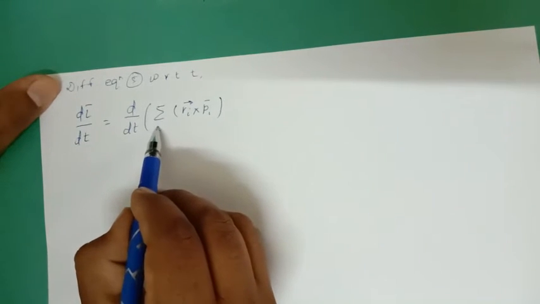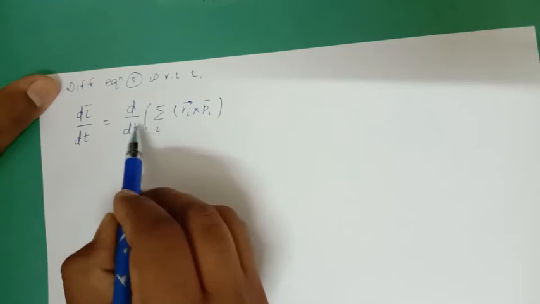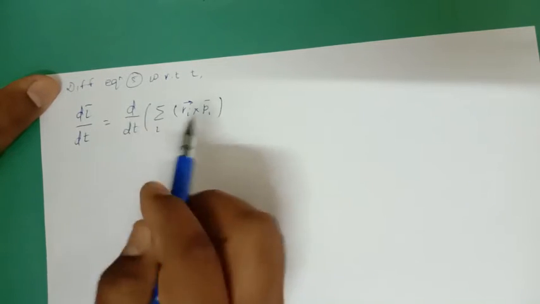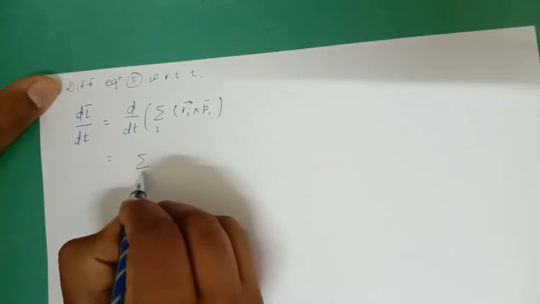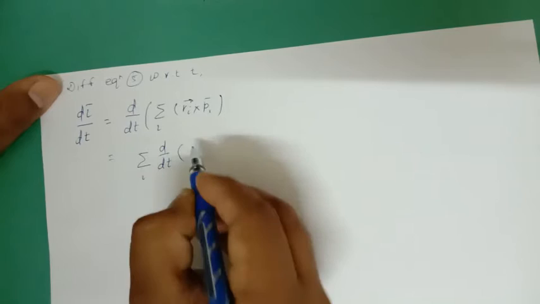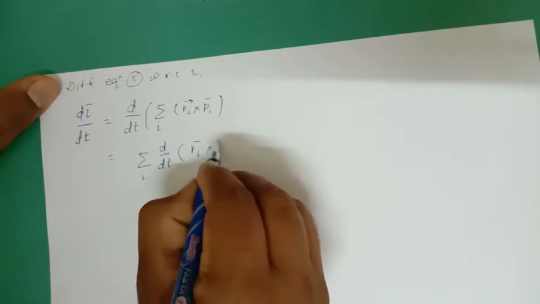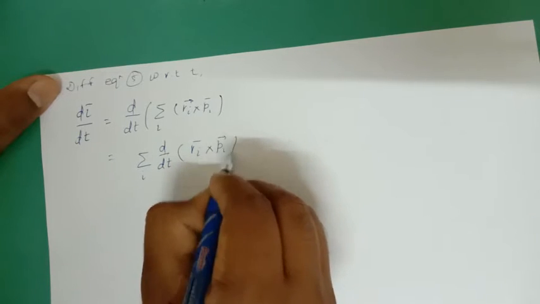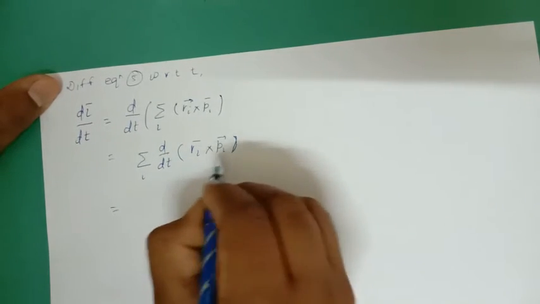I can easily keep this summation sign outside the derivative, since it does not depend on t. So I can write this as the summation over i of d by dt of the inner term, Ri bar cross Pi bar.